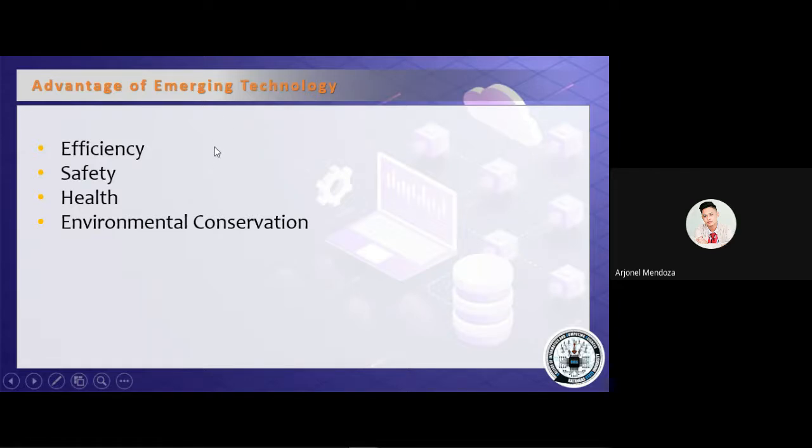Pero isa sa mga concerns or fears pagdating sa technology, most especially sa BPO industries or companies, baka daw in the future or kung ilang years man, with the use of emerging technology, baka daw robots na yung gumagawa ng work or nagtitake ng calls.